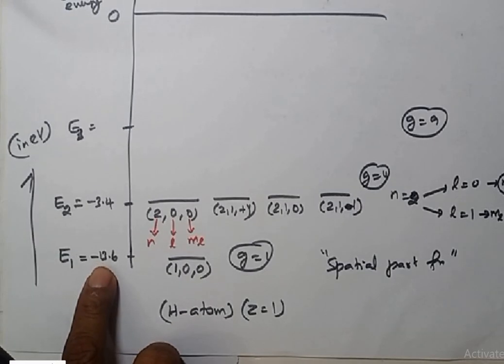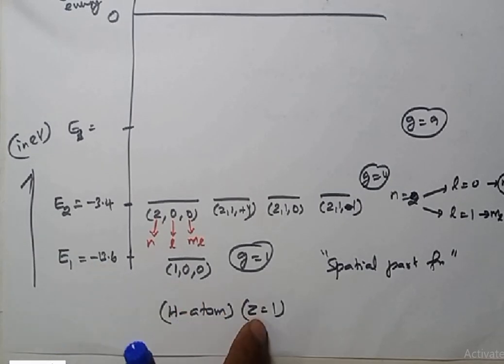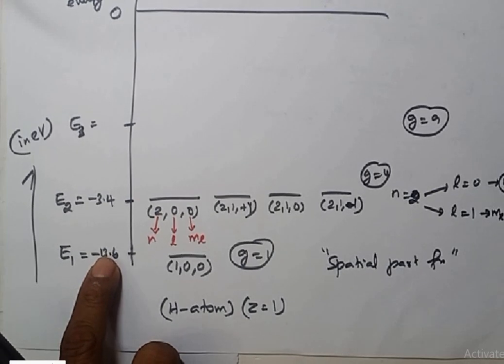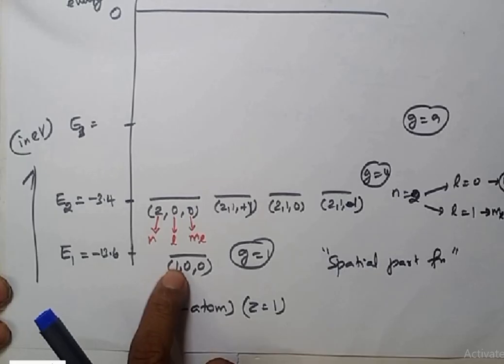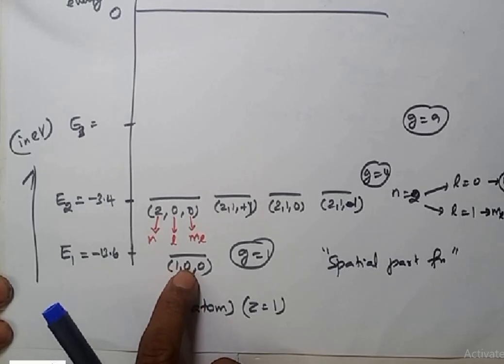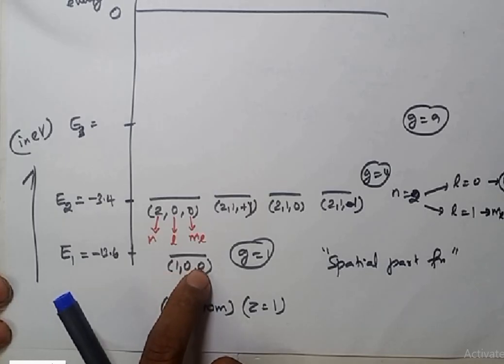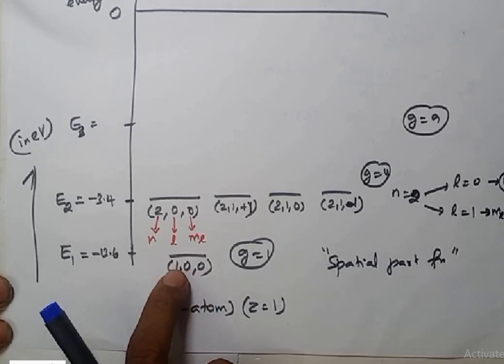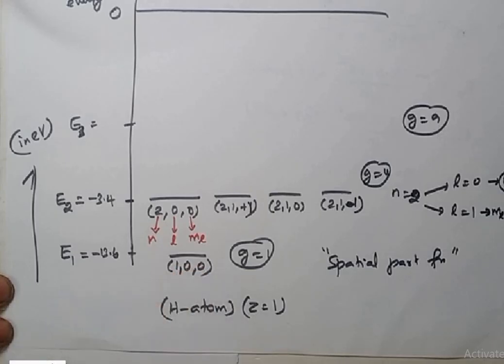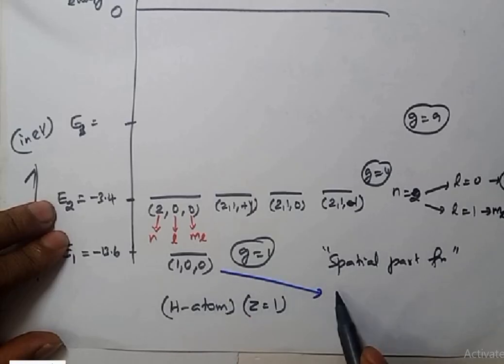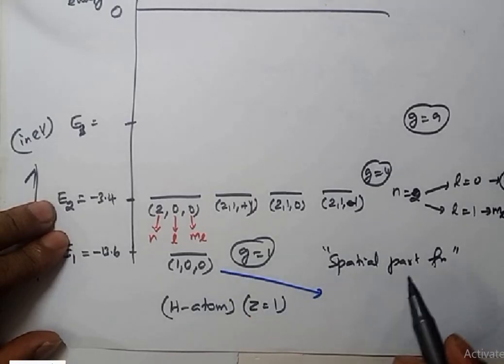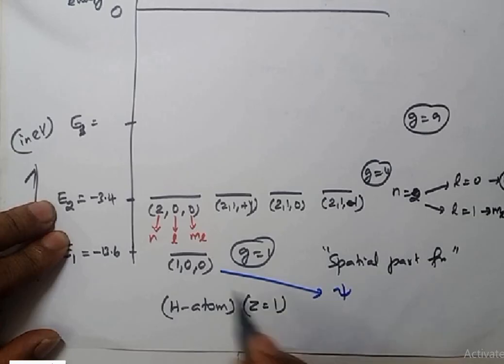Put n equal to 1, and for hydrogen atom z equal to 1, so you will get minus 13.6 eV as the ground state energy. For n equal to 1, the possible L value is 0. If L is 0, then the possible ML value is also 0. Therefore, 1, 0, 0 represents a state. We write each state as a wave function, so the wave function for this state is psi 1, 0, 0.